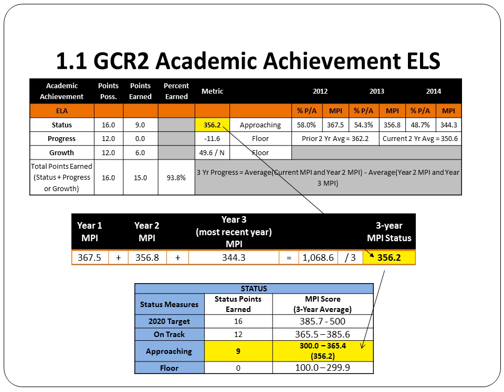That is simply a 3-year MPI status. At the bottom, you see that statuses again fall into the measures of 2020 target, 16 points, on track at 12 points, approaching at 9, and floor at 0. We are at approaching. Although our number is high, we're still at the approaching measurement category.